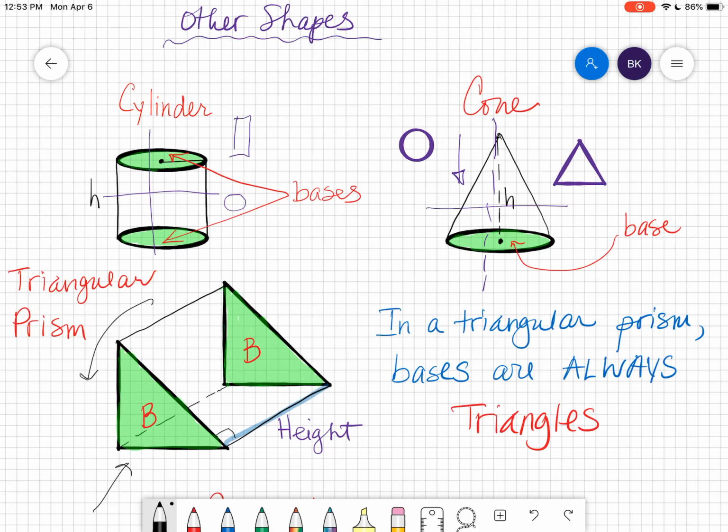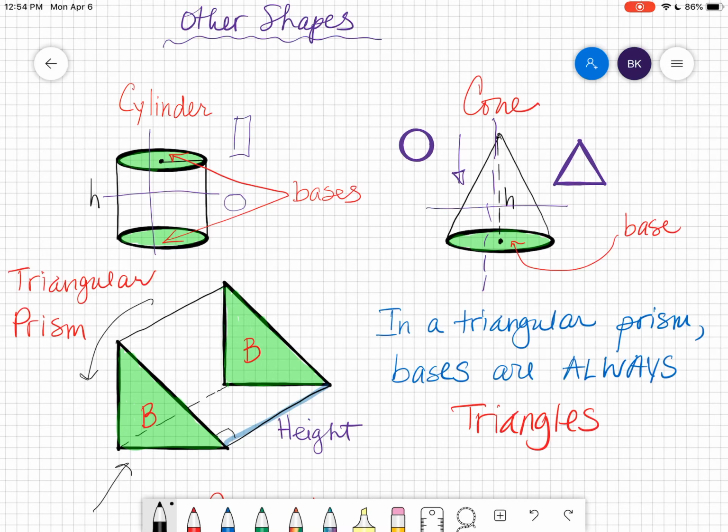If you slice the cylinder vertically and then look at that slice, you will see that it's going to be a rectangle. With cones, you will see a circle if you slice it horizontally, and a triangle if you slice it vertically.